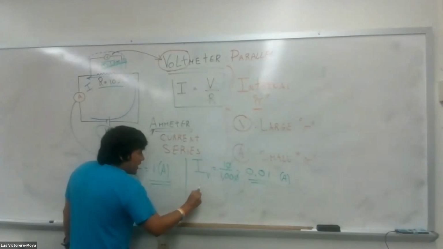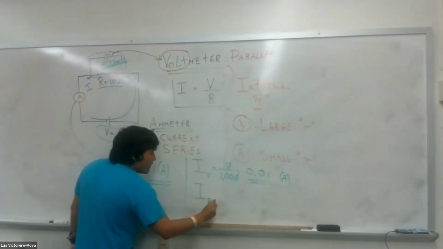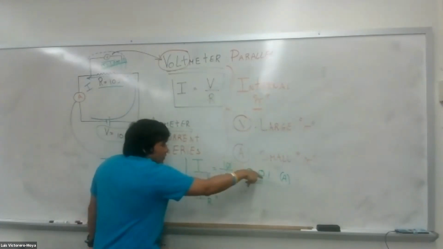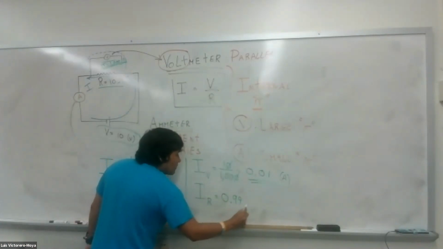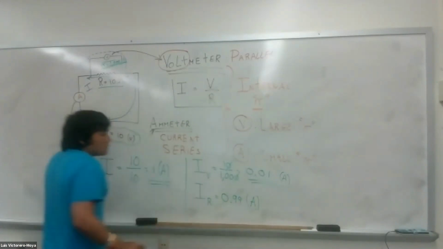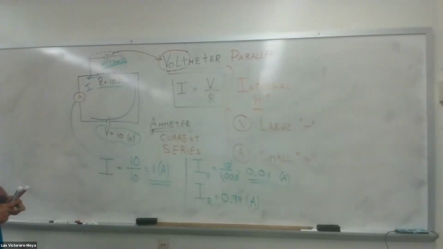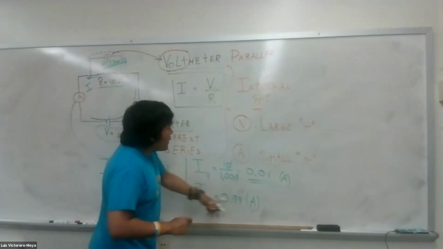So the current on the resistance R is 1 minus that, 0.99 amperes. So what's the error between 1 and 0.99?